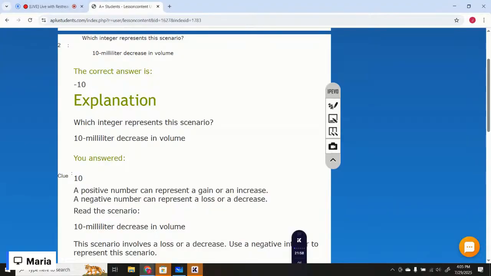Which integer represents this scenario? 10 milliliter decrease in volume. So it's always represented by a negative number. So that would be negative 10. A positive number can represent a gain or an increase, and a negative number can represent a loss or decrease.